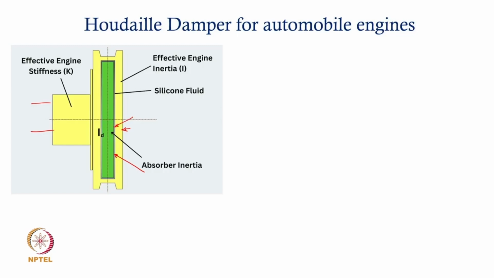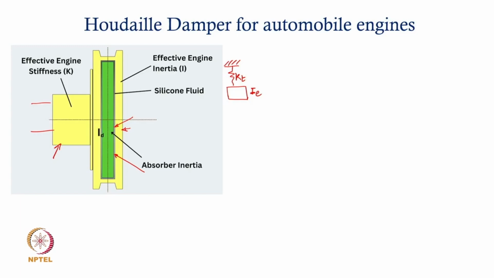If you now try to look at this system, it is actually a torsional stiffness of the shaft, followed by an inertia which is that of the engine. So the engine inertia can be this, or you can also have a pulley here.